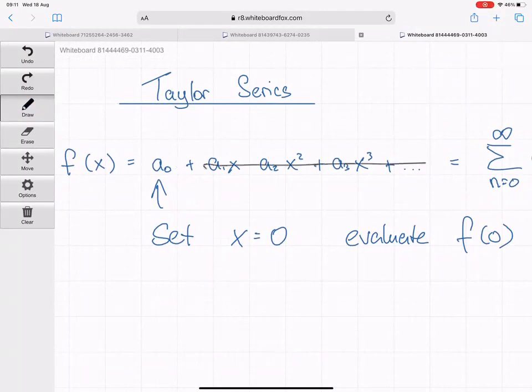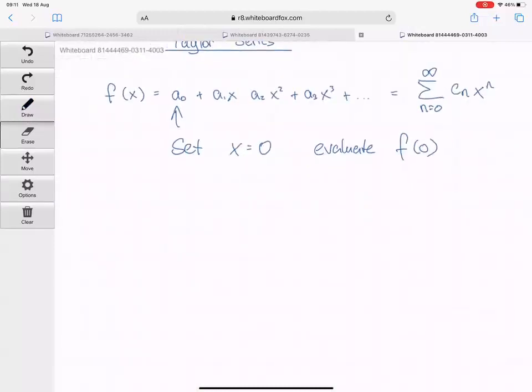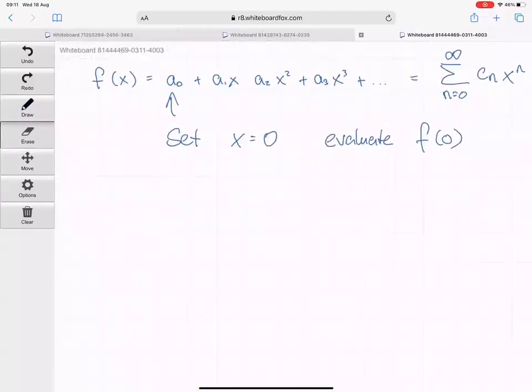All of these terms will disappear, except for the first term, because 0 to the power of 0, I'm saying, is 1. There's a lot of debate about that, but basically this is just some evidence that it could be 1. Let's just assume it is 1. So when I set x to 0, I get f of 0 is just a0, right? I just get the first constant back.